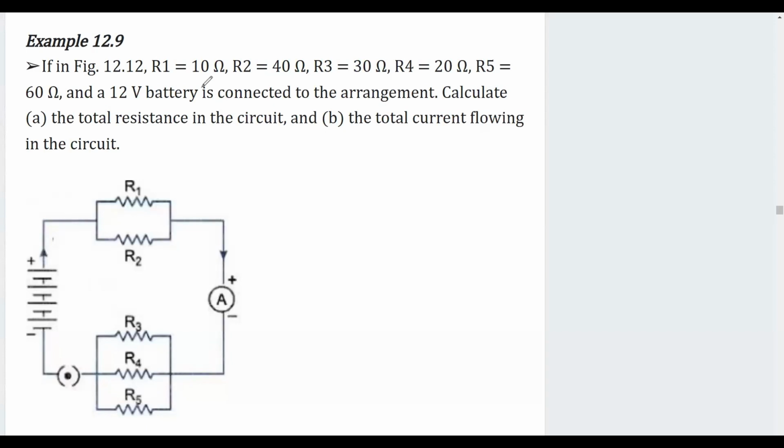There are 5 resistors, and their resistances are given: R1 is 10 ohm, R2 is 40 ohm, R3 is 30, R4 is 20, and R5 is 60 ohm. Then we have a 12 volt battery, that is, the potential difference across this circuit is 12 volt.